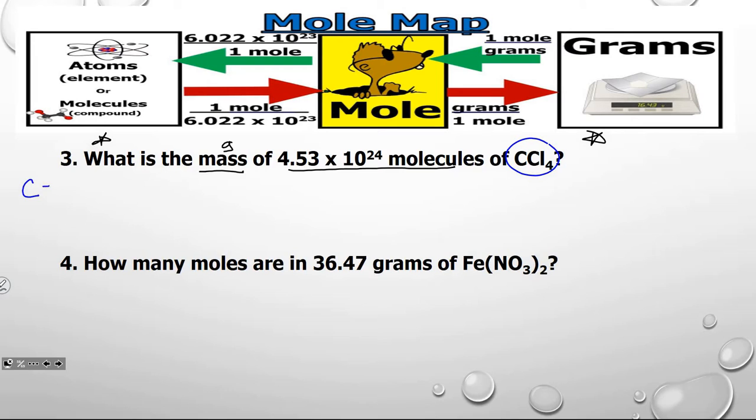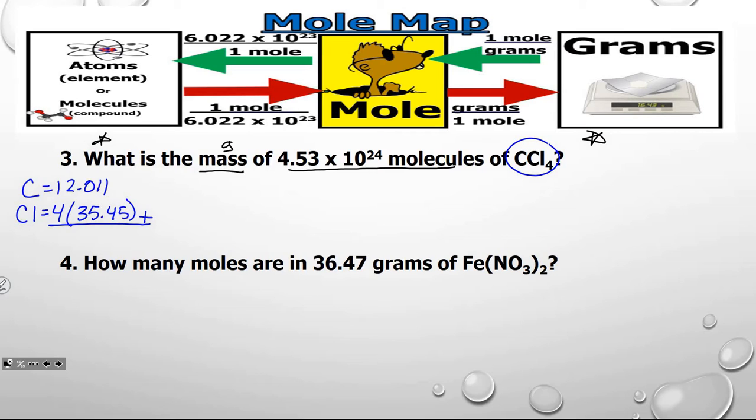So I'm going to come over here, carbon, 12.011. Chlorine, I have 4 of them at 35.45. I've got a lot of these memorized because I use them so much, and you'll have a lot of them memorized because you use them so much, especially oxygen and hydrogen. So you plug that through, and we get around 82.